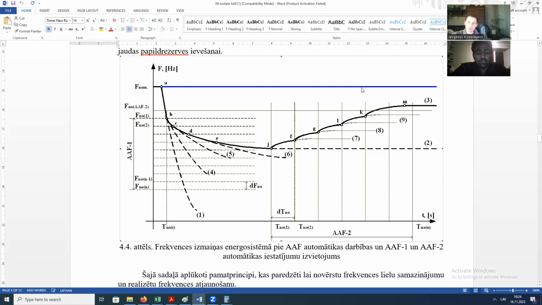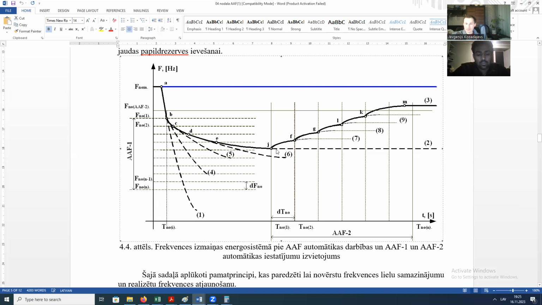And in the Soviet Union time, there was a philosophy that we don't need to involve a human to come back to a nominal frequency, because humans can operate quickly. They are in a stress in these fault situations, and this is quite dangerous.